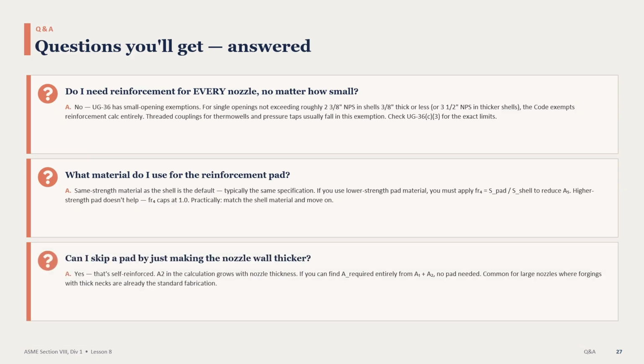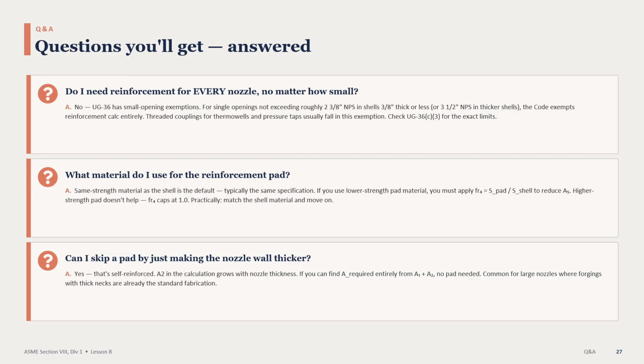Question 3. Can I skip a pad by just making the nozzle wall thicker? Yes, that's self reinforced. A2 in the calculation grows with nozzle wall thickness. If you can find your entire required area from just A1 plus A2, no pad needed.